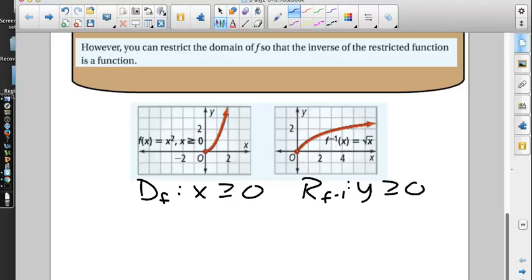It makes sense when you see the visual. We had to restrict things here so that we could just get one portion, one branch of that square root function, not the whole thing. So sometimes we have to restrict domains to make sure that we're getting a function that we can work with.